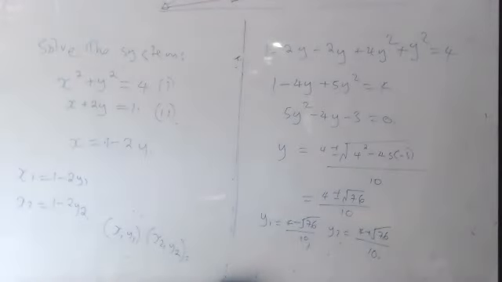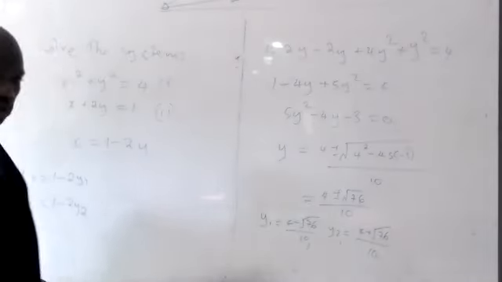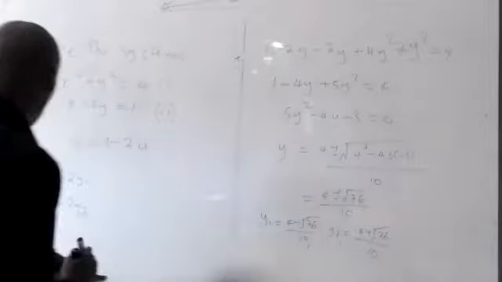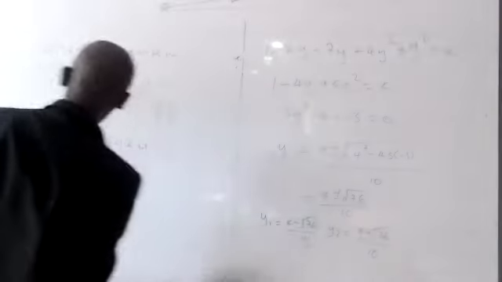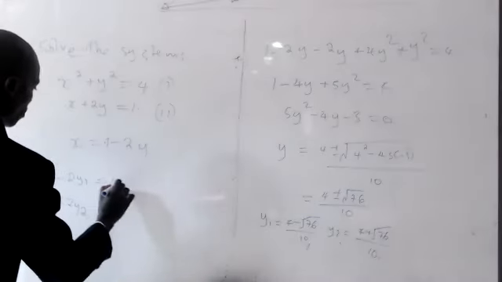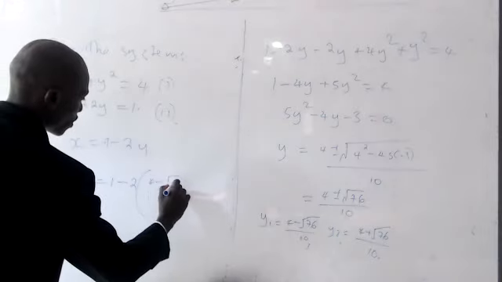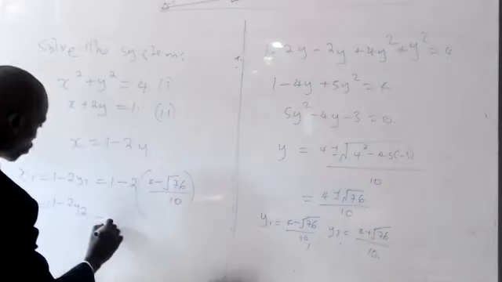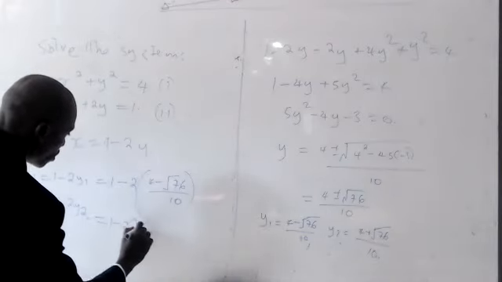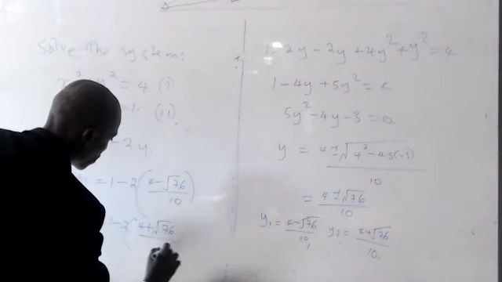What are the values of y that you have written down there? Yeah, that's for you to do. You are supposed to compute this. The y here is 4 minus square root of 76, over 10. So x1 will be 1 minus 2 times (4 minus square root of 76) divided by 10. x2 will be 1 minus 2 times (4 plus square root of 76) divided by 10.